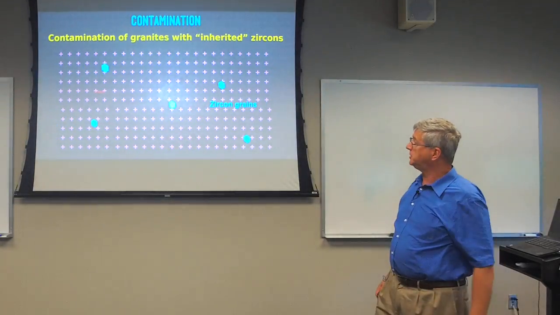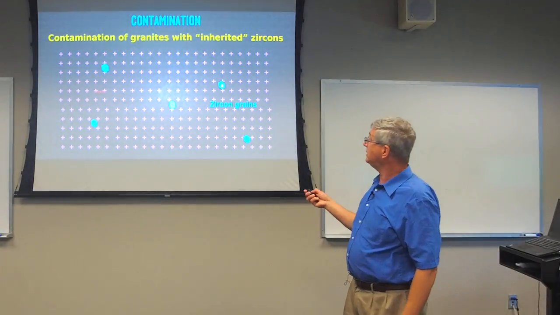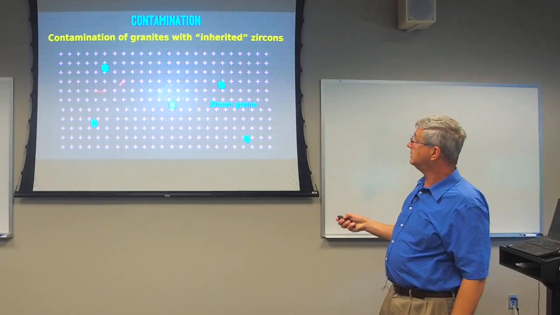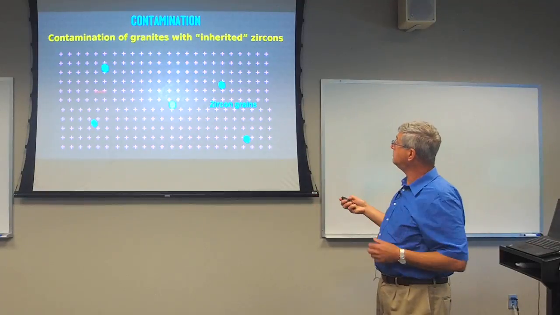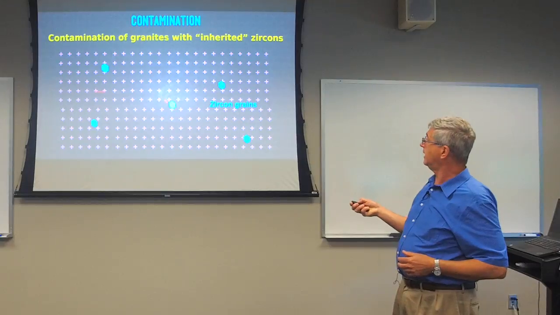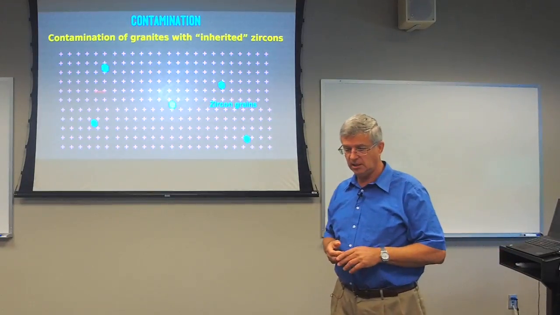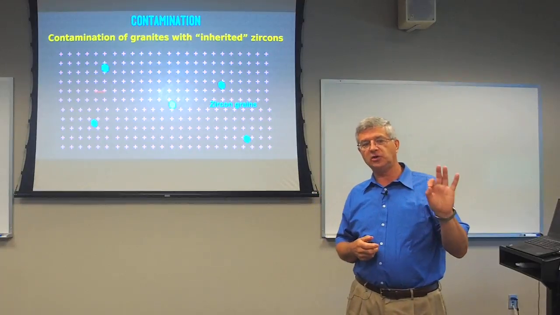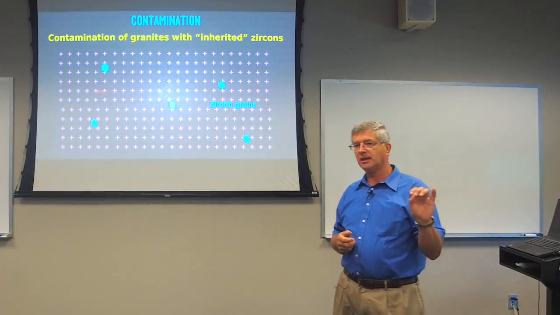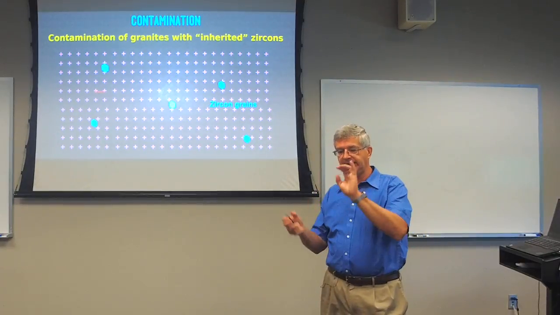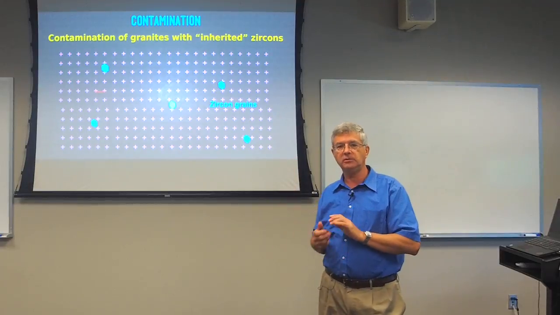Here's another situation. Here we've got the granite in pink, okay, and within it we've got these zircon grains. Zircon is zirconium silicate. The metal zirconium, combined with the silicate molecule.